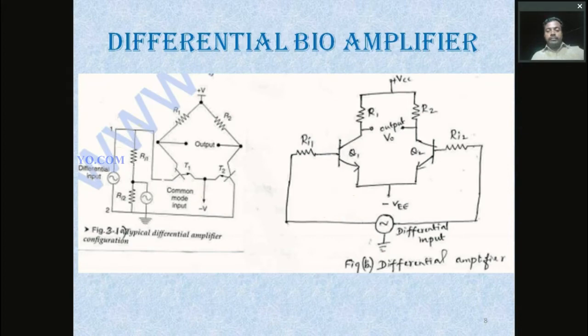Here two identical transistors Q1 and Q2 are used. Both collectors of the transistors are connected through the resistors R1 and R2, and the emitters are joined together and connected to the ground, the negative voltage. The bases are connected through the input resistances to the input signal, which is our differential input signal.